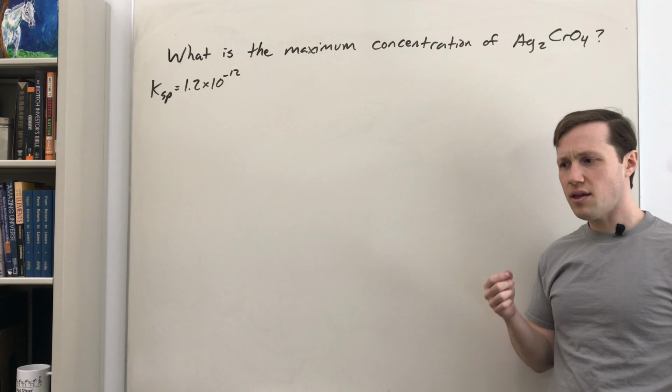That means that though these amounts that are going to dissolve are unknown, we do know something about them in that they must be related. So, if we add 0 to 2s, we get equilibrium concentrations of 2s and s. Let's plug that into our KSP expression.